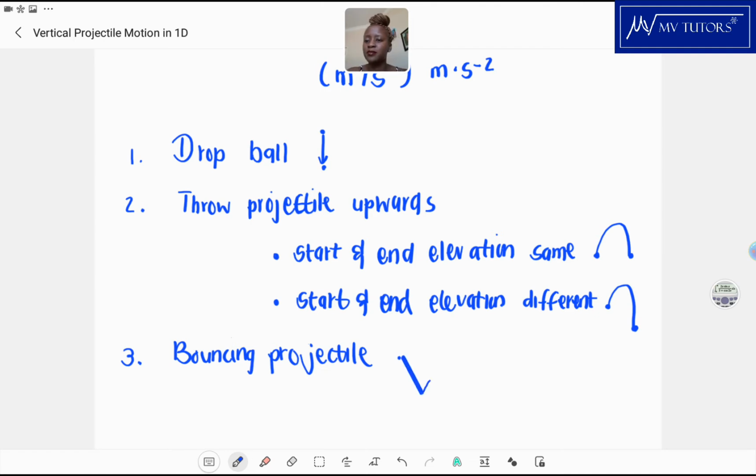Oh, snap. Why did it do that? Okay, so you could have dropped it and it went down and then up again. Or you could have thrown it up in the air and it went down and then bounced, and as you can see, each time it bounces, it's not at the same height anymore, and we'll also discuss that because it keeps losing energy. But yeah, we'll address that now.